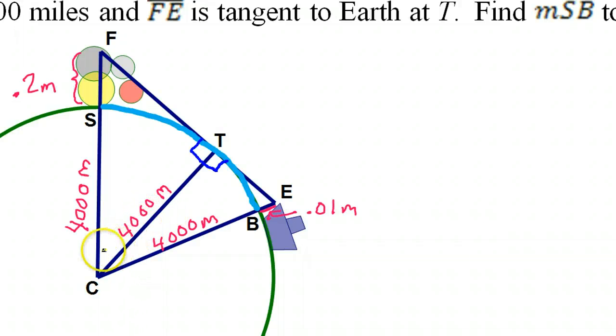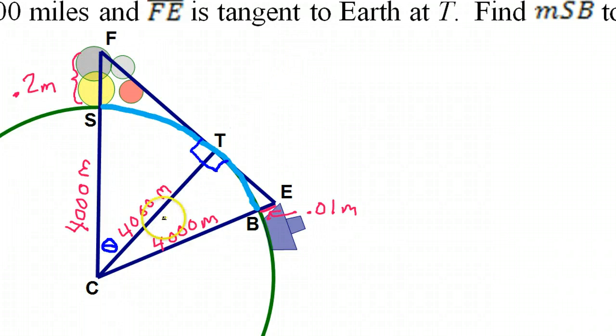If I want to find angle theta here, for example, I'll put a quick theta right here. I know it's been a while, but I have this 4,000 and I have this 4,000.2 miles. It's a little bit extra. If I want to find out what this angle is, I've got the adjacent leg and the hypotenuse.